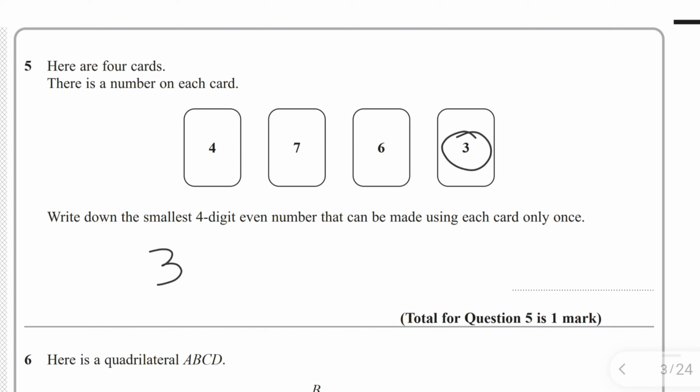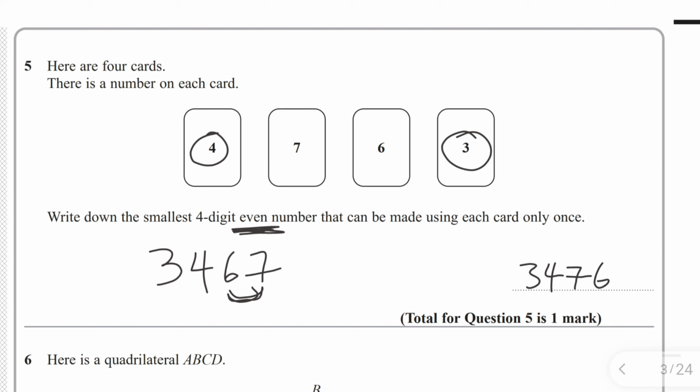The second smallest is 4. I have 4. Now the third smallest is 6 and the last is 7, meaning 3, 4, 6, 7. But since we are given a condition that it has to be an even number, we have to switch this around. So that will become 3, 4, 7, 6. That will be our answer.